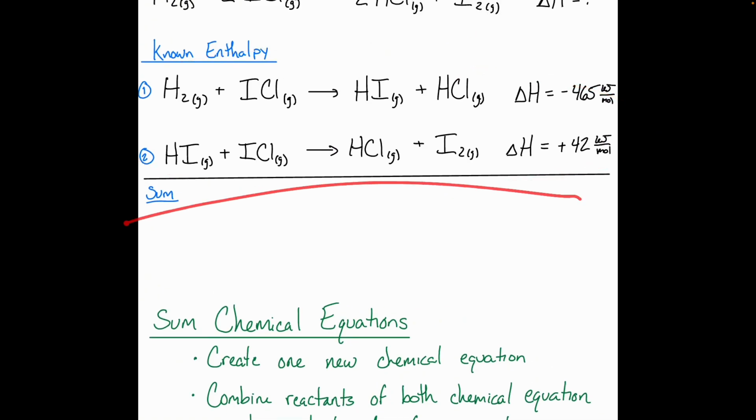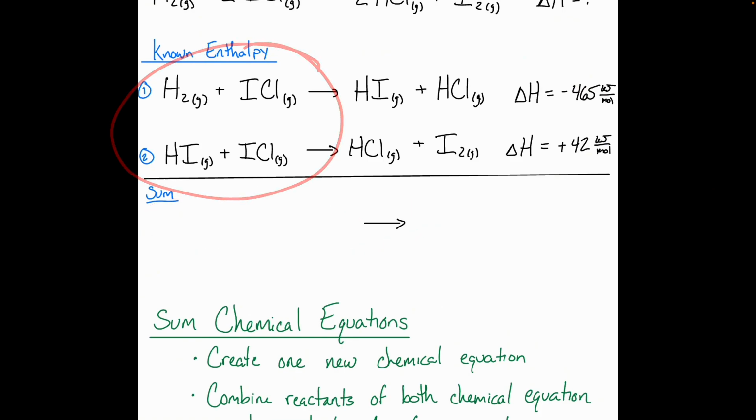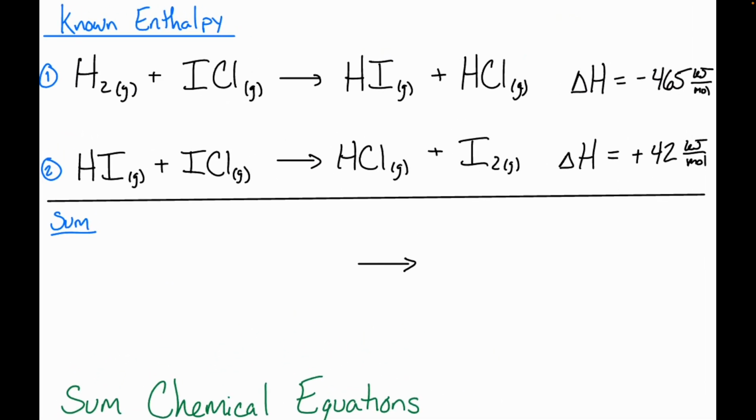So in my new reaction down here, I'll put down my arrow. On the reactant side of this new equation, I want the reactants of both of these chemical equations, right? So I'm just going to copy down everything from equation 1, my reactants, the H2 and the ICl.